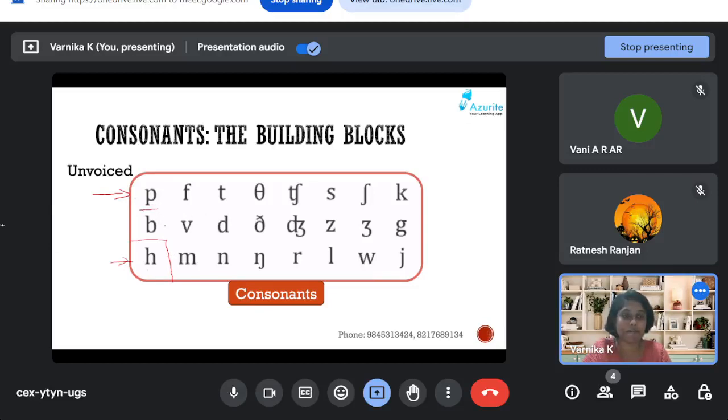P, p, t, t. For this, I know it's just sound, it's just air. So what I'm doing is I'm putting my tongue in between my teeth. See?